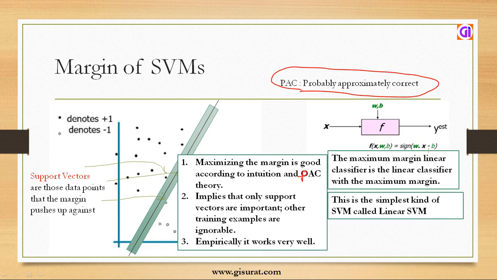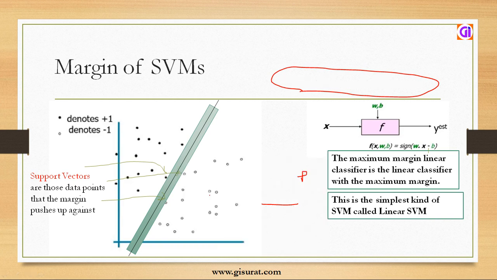So PAC theory हम लोग को इतना inform करता है, ये बताता है कि maximum margin implies that only support vectors are important. What do you mean by support vector? Support vector in the sense nearest point. Other training examples are ignorable. In the sense ये कुछ ऐसा मिल रहा है हम लोग को यहाँ पे, because these points are important ones. This one or this one or this one are the important ones.